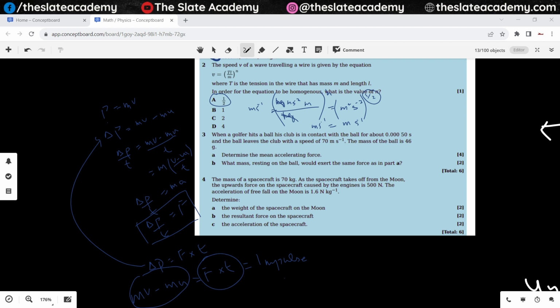Sir, fine if you're doing with the value of 10, but we wouldn't be using the value of 10, we would be using the value 9.81. ठीक है, तो 9.81 से कितना आंसर आएगा? 656.